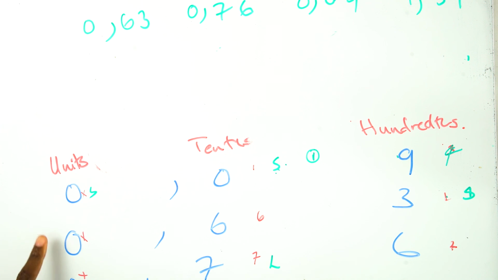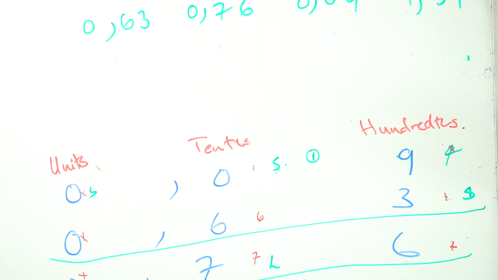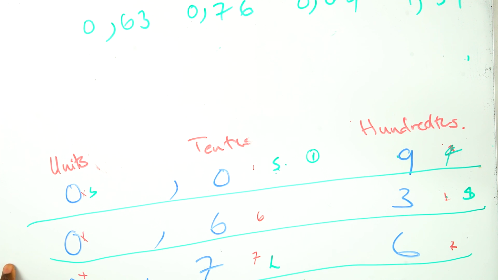So here we have 0.63, which is the smallest of all, and then we have 0.76, which is the second smallest, and 0.09, which is the third smallest, and 1.59, which is the largest.